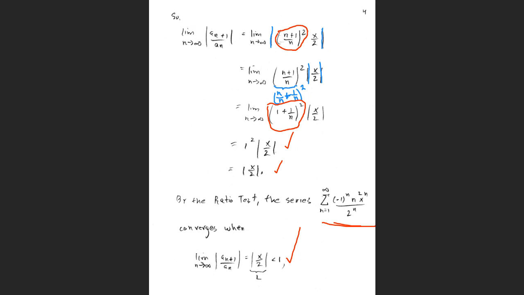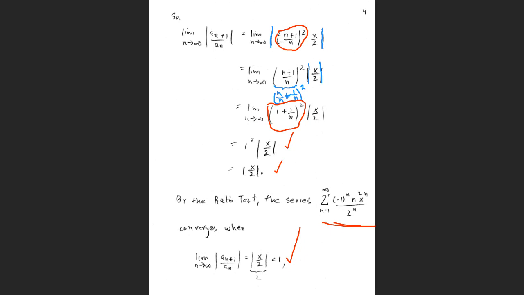Yes, Clea? So how can we know if it converges since we have a variable inside? Well, we're not done yet. For what values of x does the power series converge?